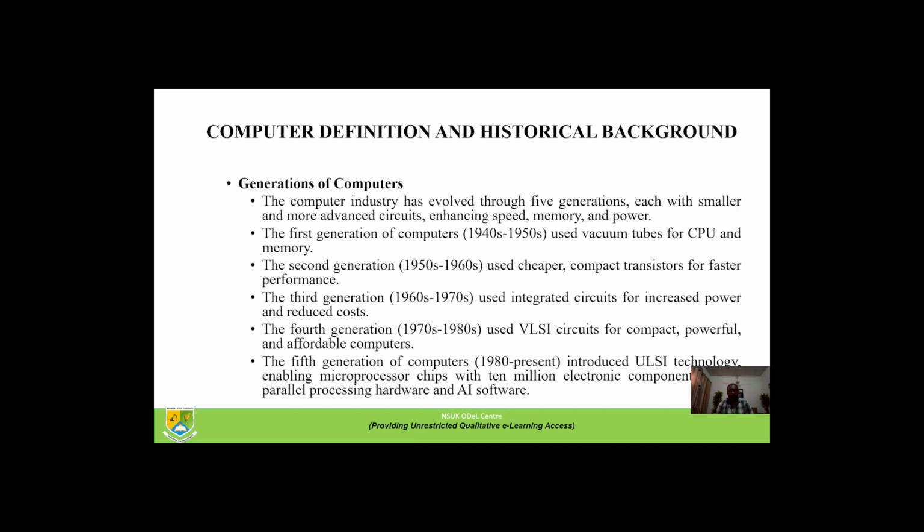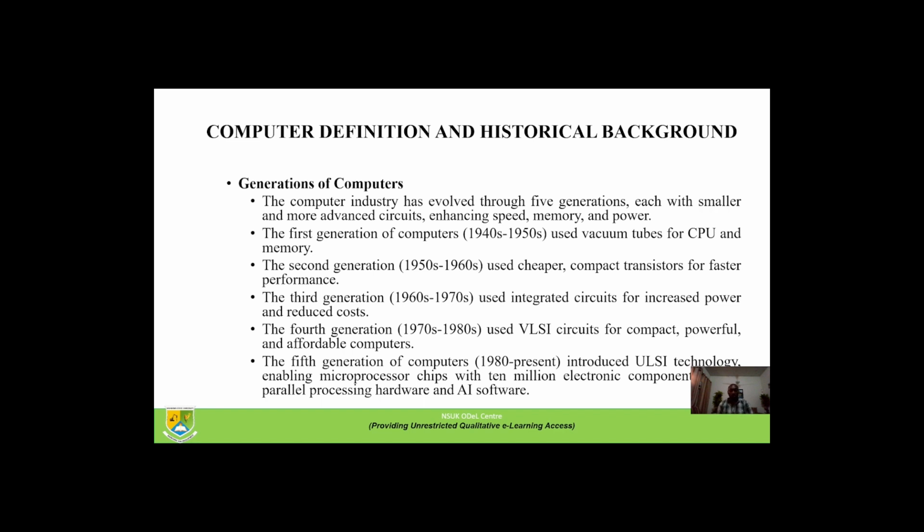Generations of computers. The term generation of computers has to do with the technological advancement that happens within a specific time period. The computer industry has evolved through 5 major generations, with each generation having smaller or more advanced circuits, thereby enhancing speed, memory, and computing power.